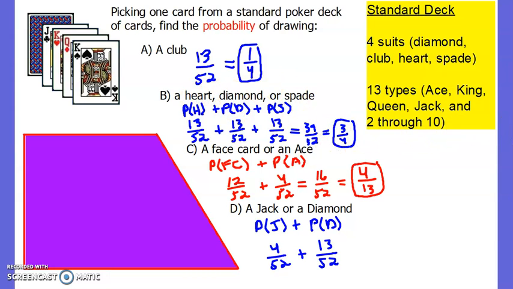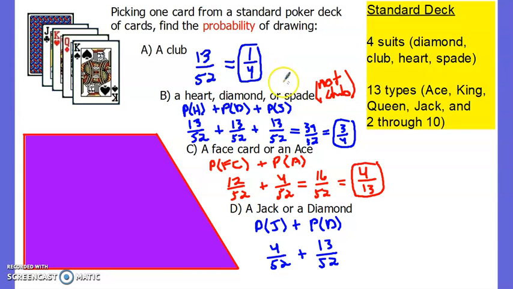Now, there is another way to take a look at that one, if we wanted to. We can use the idea of what's called the complement. To draw a heart, diamond, or spade just means that we don't want a club.